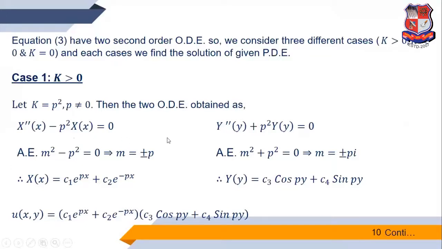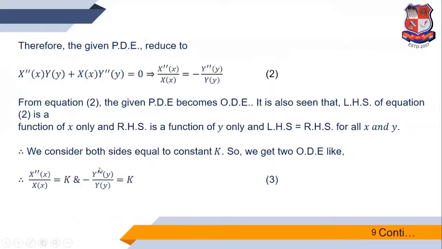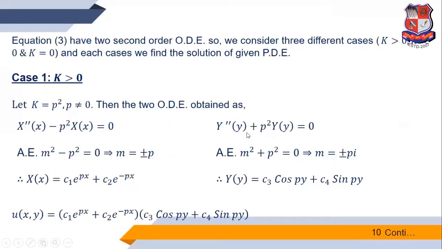Same procedure for the second ODE. So we apply the same method. The second ODE is Y double dash plus p squared Y is equal to 0. So the auxiliary equation is m squared plus p squared is 0, which implies m is equal to plus or minus pi.